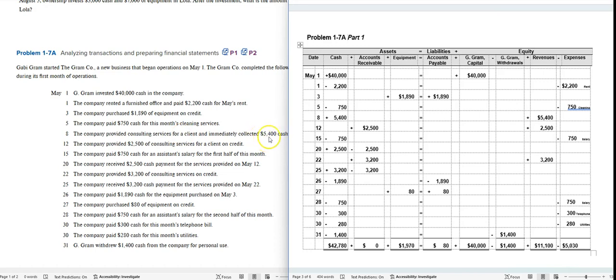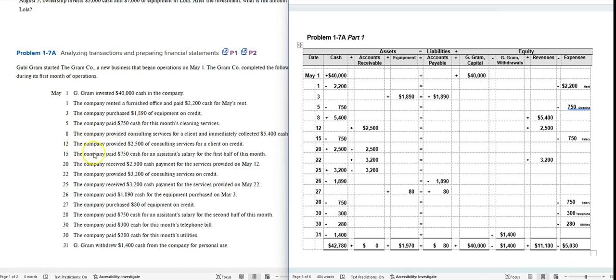So cash needs to be increased and revenues need to be increased as well. This plus sign means the more revenues we record, the more overall equity increases. So assets go up, equity goes up, $5,400.